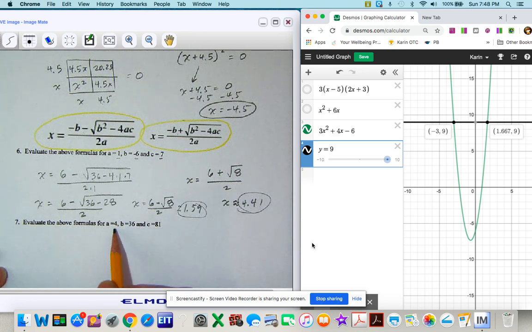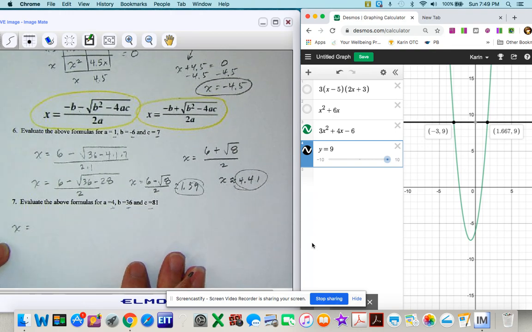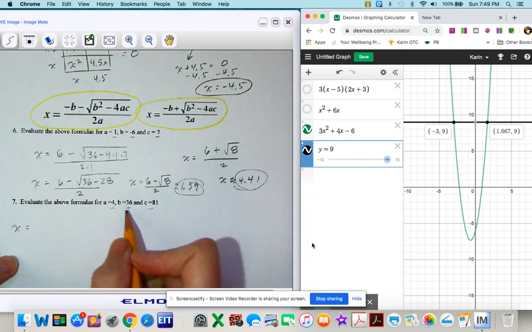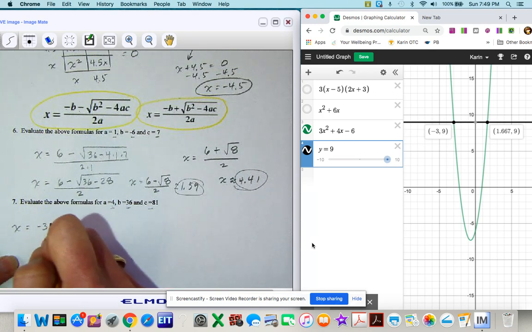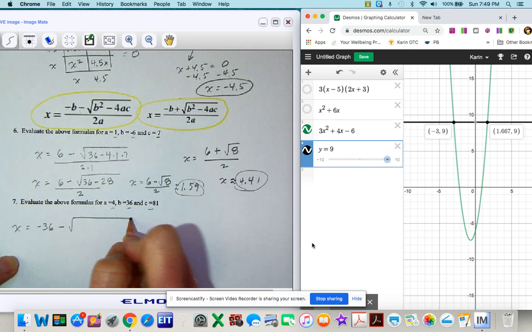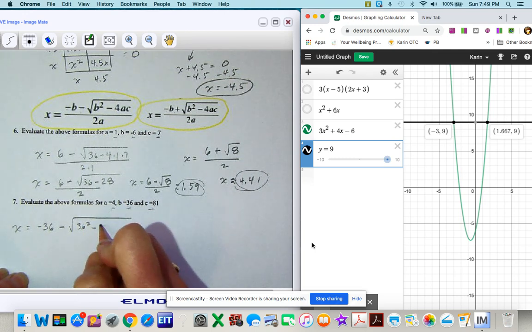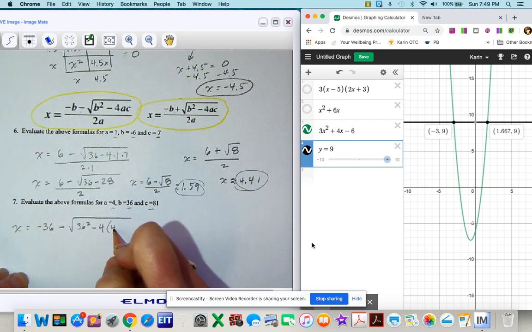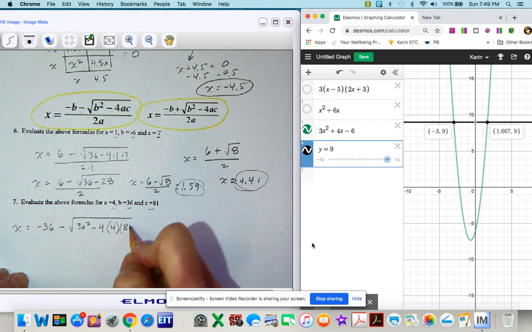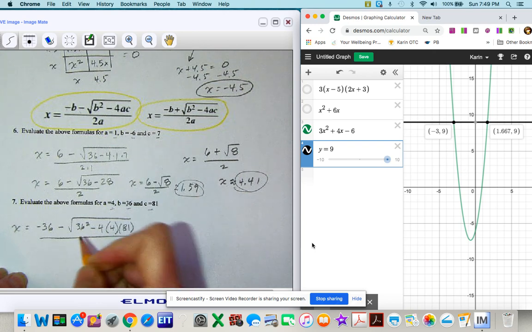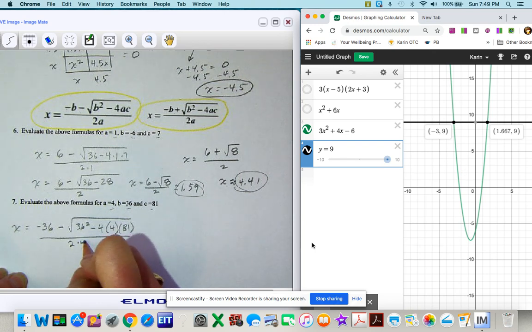All right, let's try this formula again, playing around with now 4, 36, and 81. So I'm going to go x is equal to the opposite of b, so b is 36, so -36 minus the square root of 36 squared minus 4 times a times c, which is 81, divided by 2 times a, which is 4.